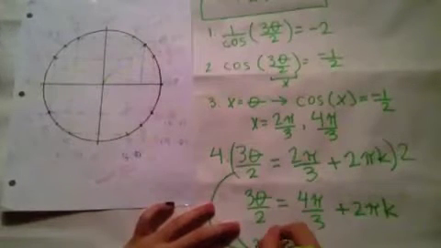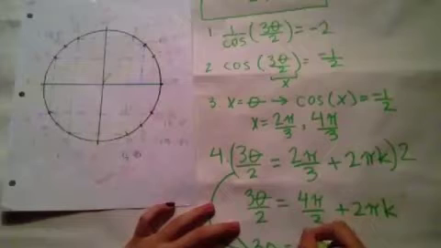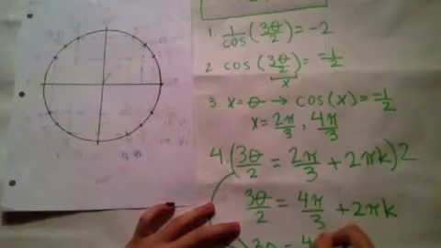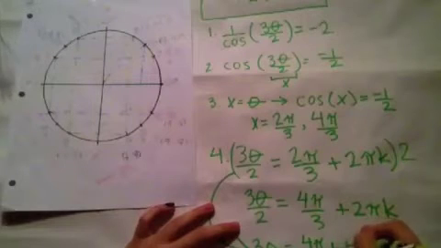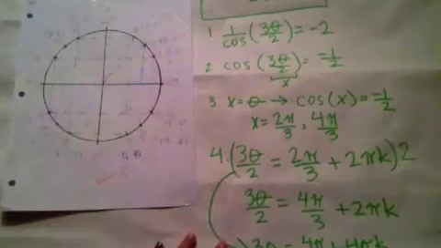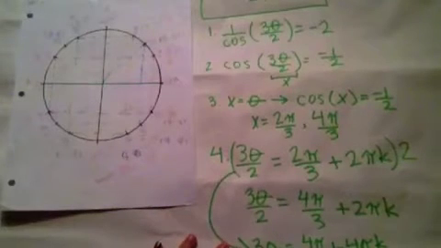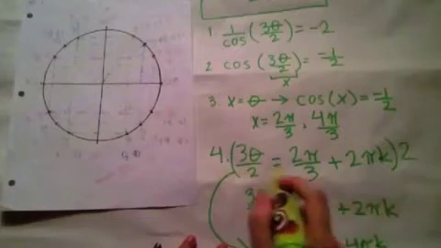So 3 theta equals 4 pi over 3 plus 4 pi k. Okay. And then, of course, you will divide everything by 3.